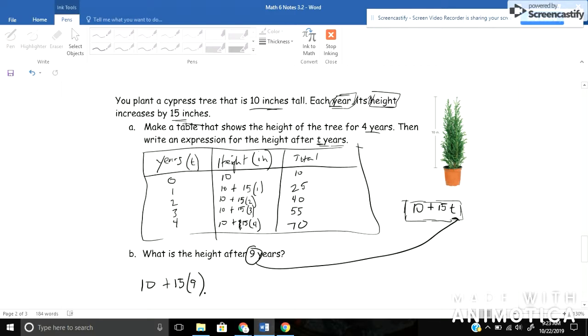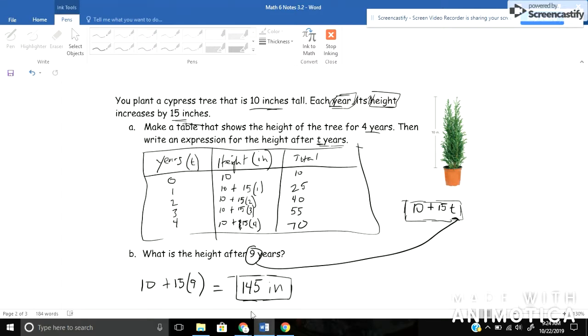If you round 15 times 9 to 10 times 9, it'd be 90. Actually, 15 times 9 is 135, plus the 10 gives us 145 inches after 9 years.